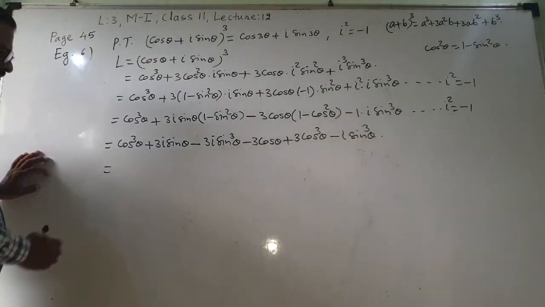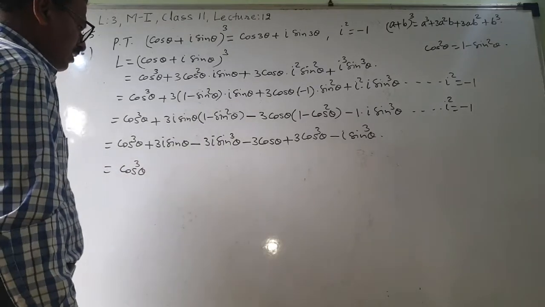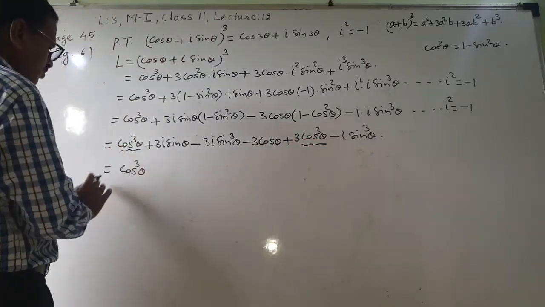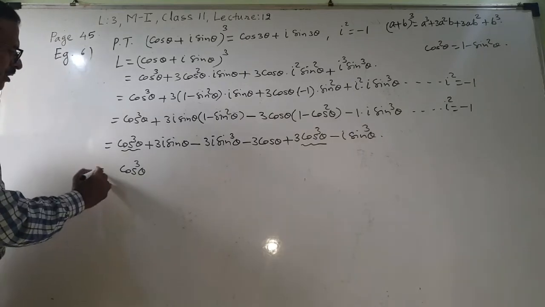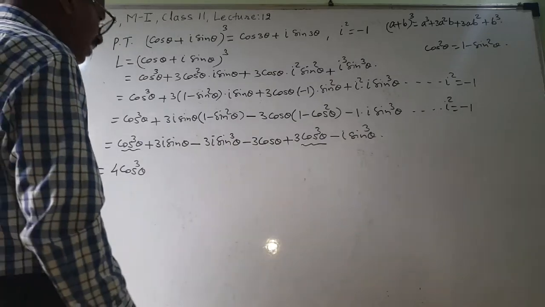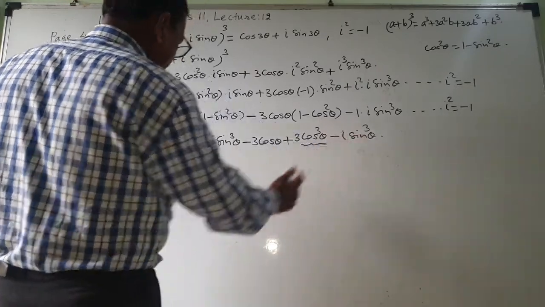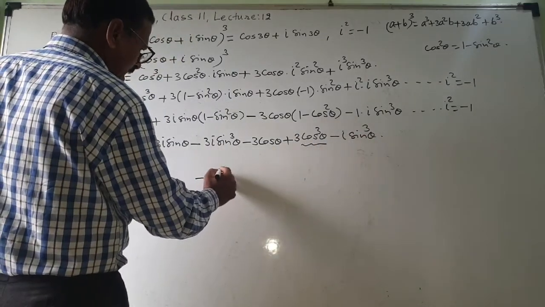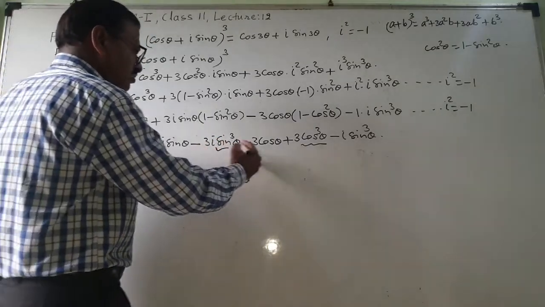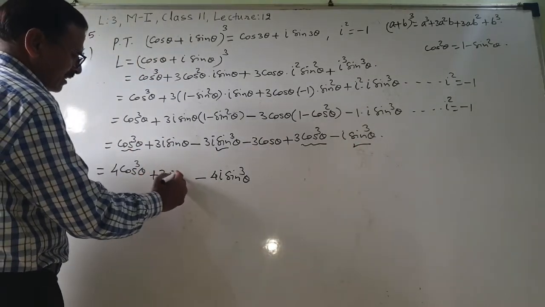That is equal to, this is cos cube theta, here also there is a cos cube theta, so together I will write 4 cos cube theta for these two. Now another pair, minus 3i sine cube and minus i sine cube, minus 4i sine cube theta. So this part is also over. Now what is remaining? Plus 3i sine theta.